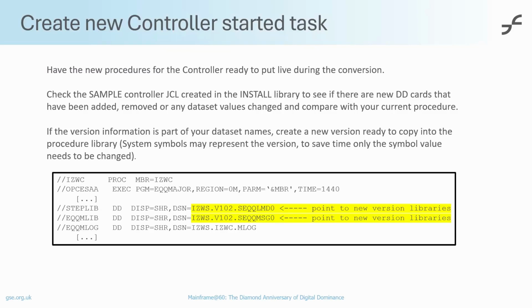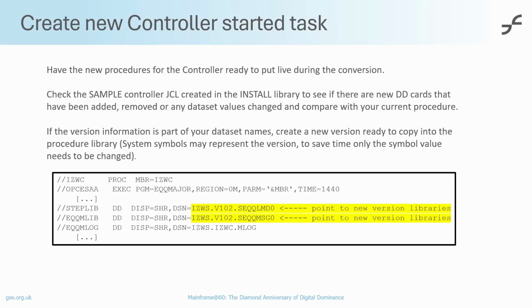Well, if you do not refer to the version in the dataset name of your controller, the only thing that you will need to change will be the IZWS libraries, so STEPLIB and MLIB that you have in your started task procedure, if you have it, because you might concatenate the STEPLIB into the linklist, so you don't even have to specify the STEPLIB in that case.